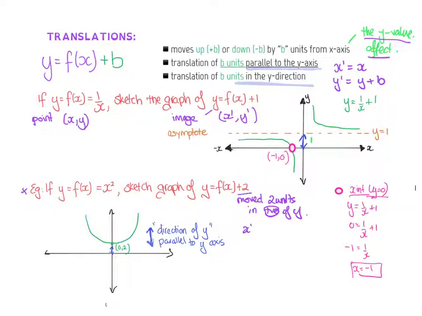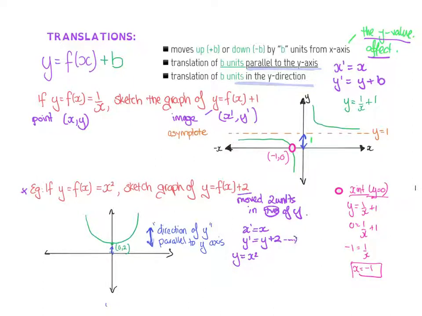So if our original function was, say, y equals x squared, we want to put the new formulas into that. If you transpose this, the new y dash would be y minus 2 equals y.